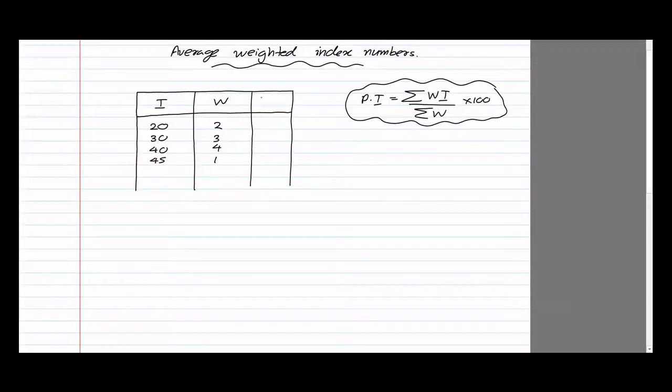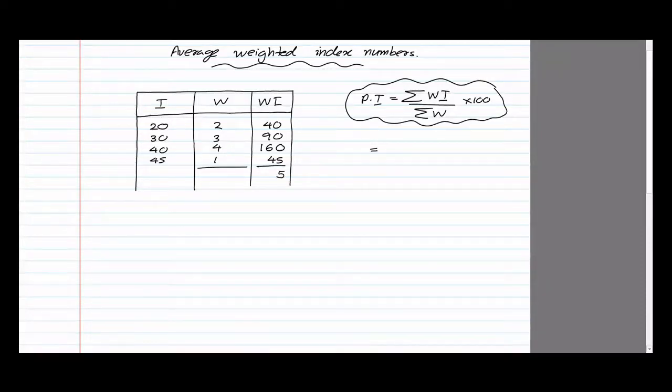So what you have to do is you have WI column: 20 into 2, 40; 30 times 3, 90; 4 times 4, 160; 45 times 1, just 45. Take this column sum, and divide. Same way of finding a mean, you can get it, right?